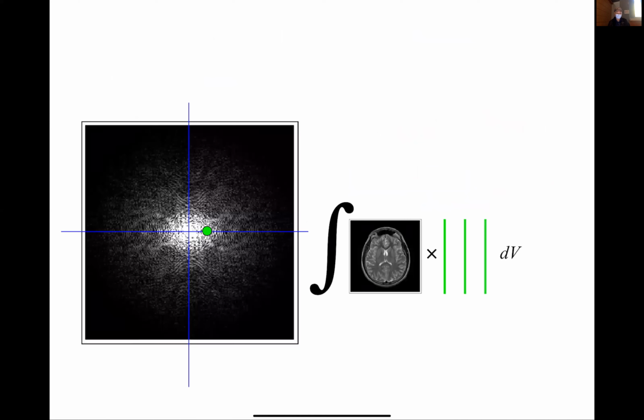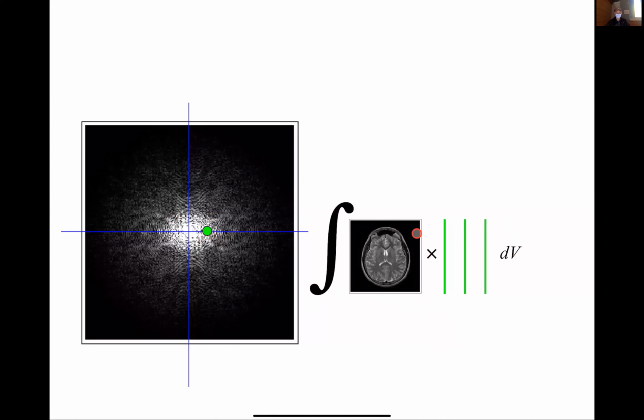So what that means is, for example, and here we'll start with a simple example, let's say I want to calculate the value of the Fourier transform at this location along the kx axis. Well, what the formula says, and here I'll use just a big integral to say I'm summing over space, to keep the notation simple, is an integration over volume.